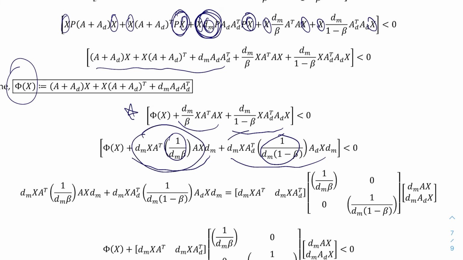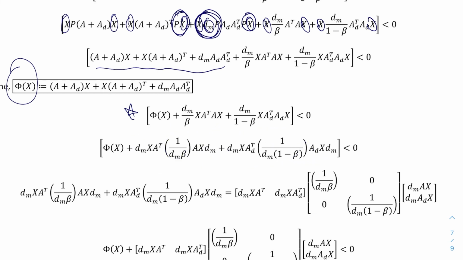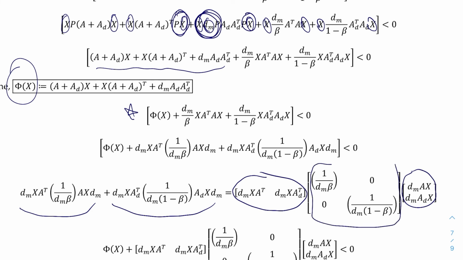Let us focus on the second and the third term first of all. They are quadratic expressions, and that's why we can write them in this form. You can write them directly, right?